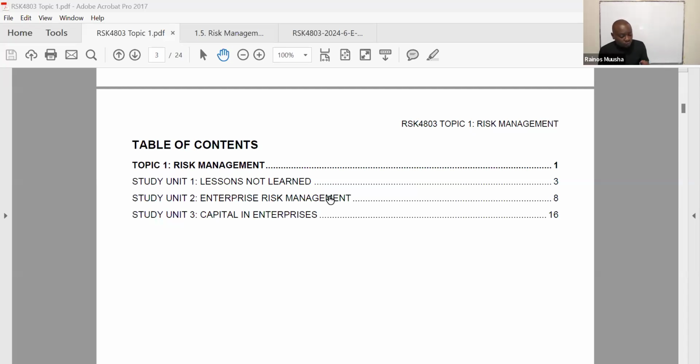And when you look at lessons not learned there, you will see that based on this outline of these functions that I've given you now, in one way or the other, there was a function within the risk management function that was actually not done properly.